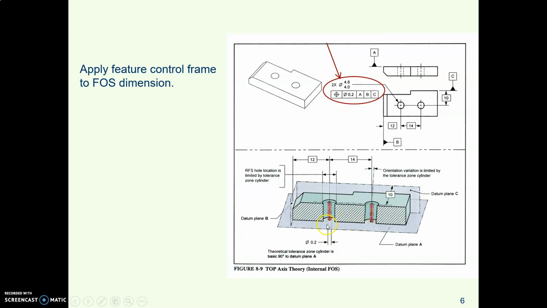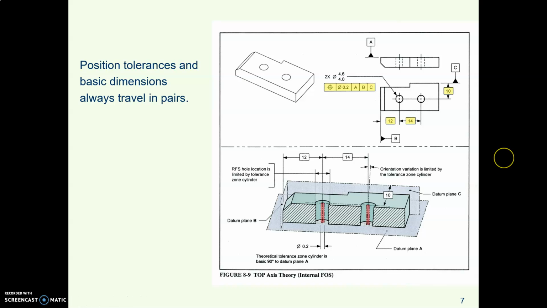And in the section view at the bottom, I have shown 2 red cylinders that represent the tolerance zone. Position tolerances and basic dimensions always travel in pairs because the basic dimensions are required for showing where the true position would be, and then the feature control frame applies the tolerance, the variation that you can tolerate.